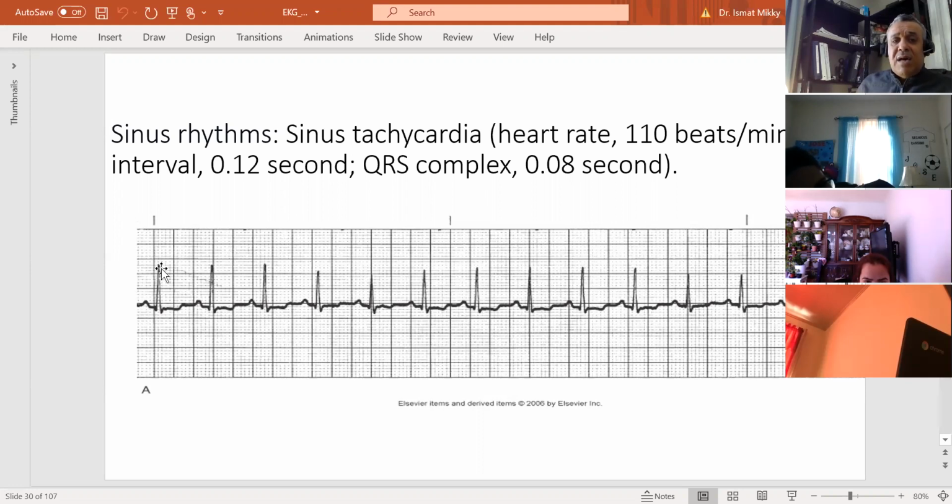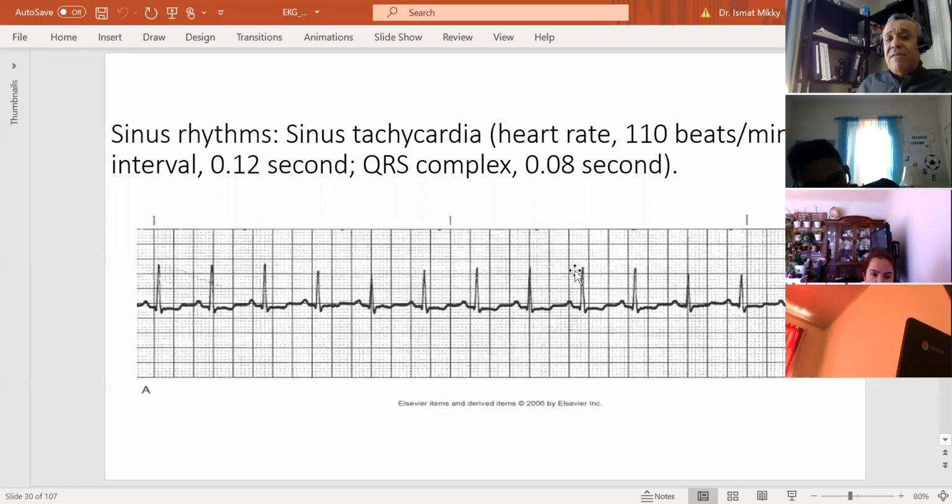If you can't count R wave to R wave, let's use the times 10 method, or cycles times 10. So counting cycles: 1, 2, 3, 4, 5, 6, 7, 8, 9, 10, 11. This is the end of the 6-second strip, and this is the beginning of the 6-second strip.